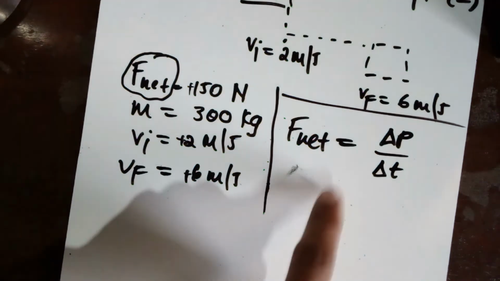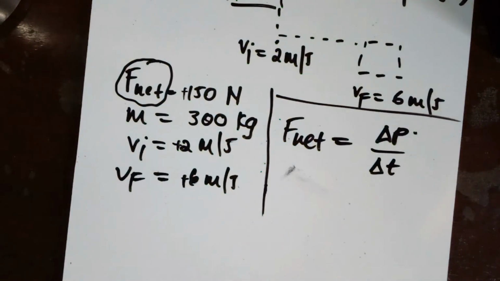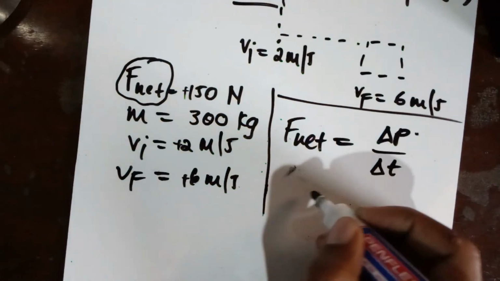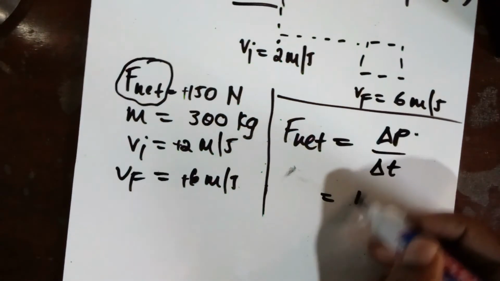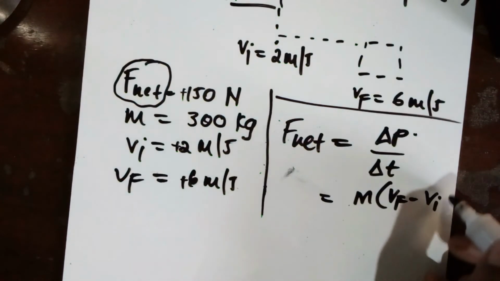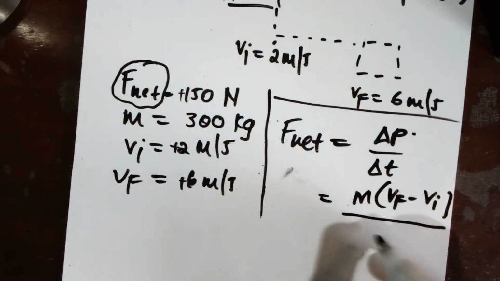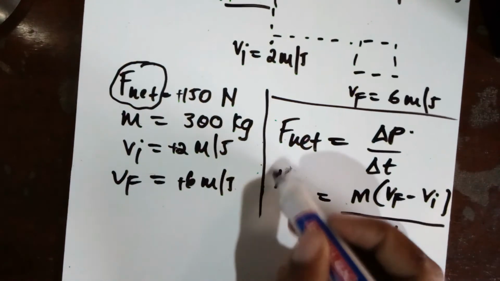So this is just Newton's second law in terms of momentum. And we can rewrite change in p as m times (Vf minus Vi), final velocity minus initial velocity, all of it divided by change in t.